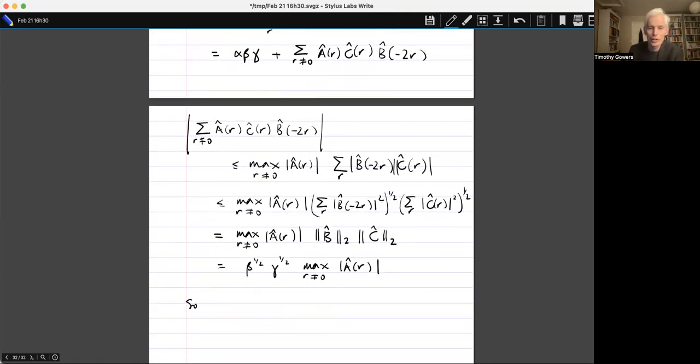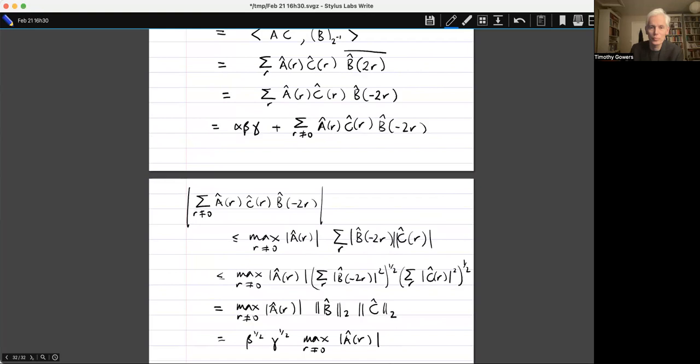So we conclude that if the sum over r not equal to 0 of a hat r, c hat r, b hat of minus 2r is greater than or equal to alpha beta gamma over 2.